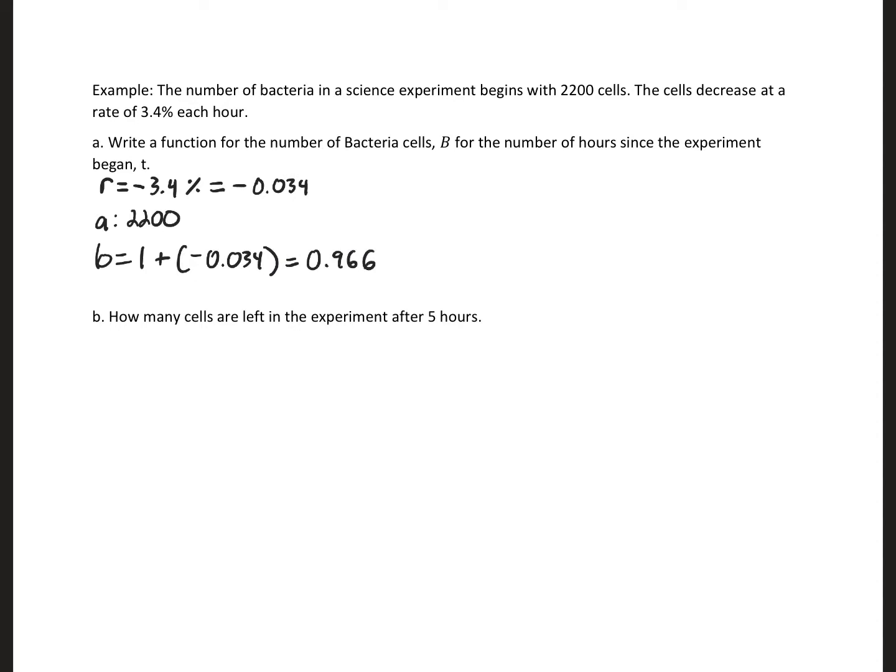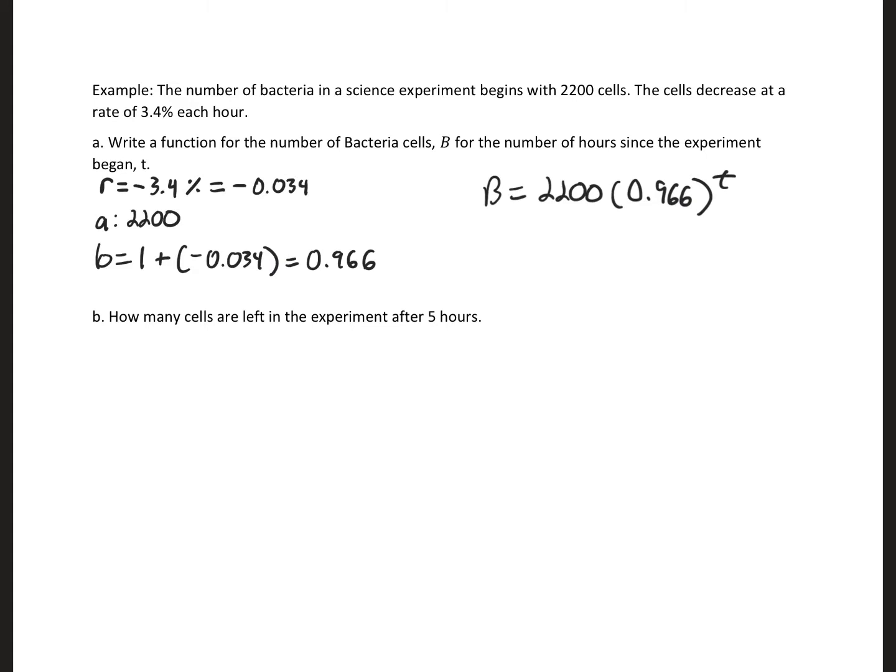Notice how that is a number less than 1. That is what's going to cause the decrease, and specifically, in this case, a 3.4% decrease. So putting our function together, C will equal 2,200 times 0.966 to the power of t.